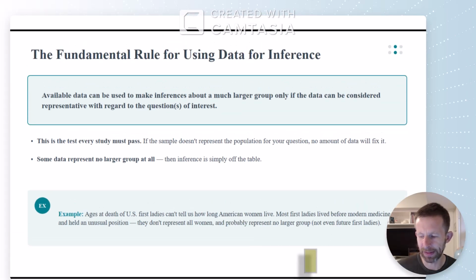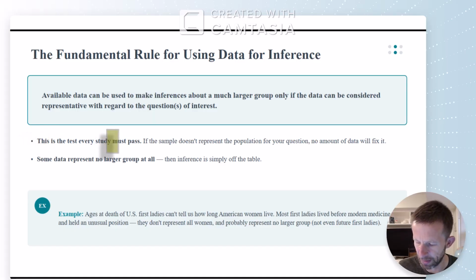Fundamental rule for using data for inference: available data used to make inferences can only be considered representative with regard to the question of interest. So available data can be used to make inferences about a much larger group only if the data is considered representative. For example, if I visit a farmer's market in Blacksburg and talk to people there about their political preferences, it's unlikely to be representative of the United States population as a whole.